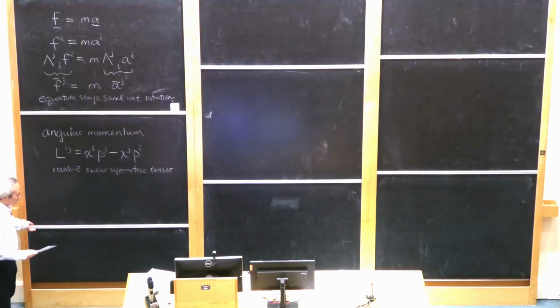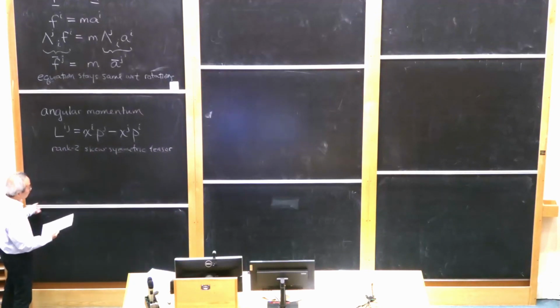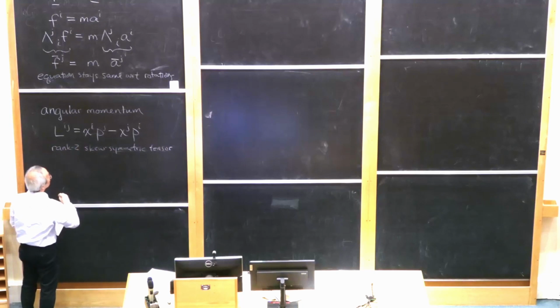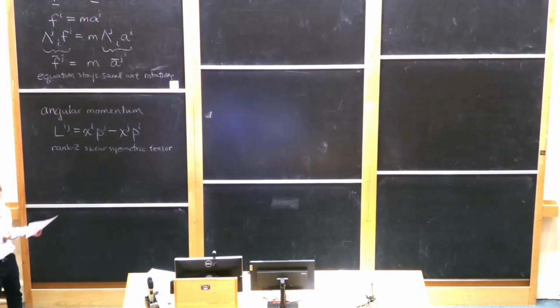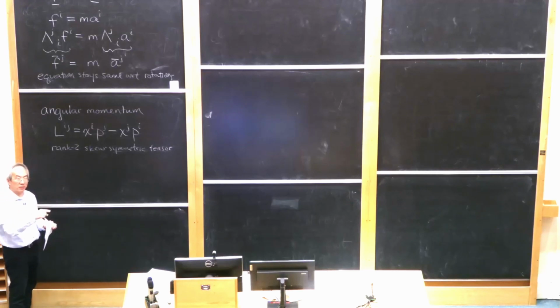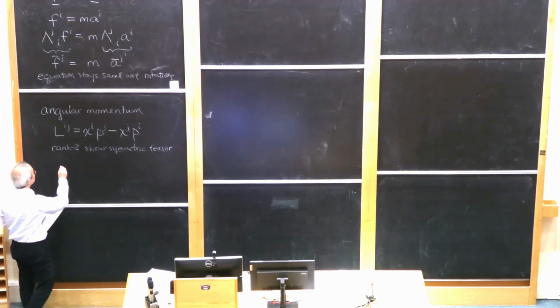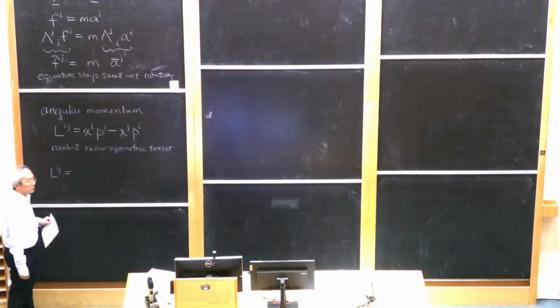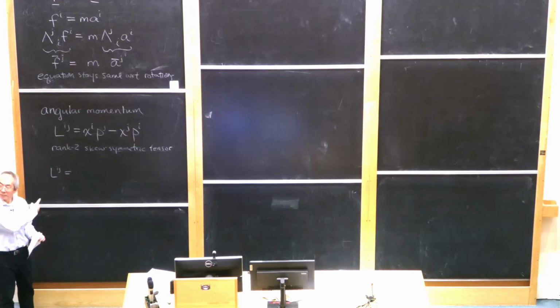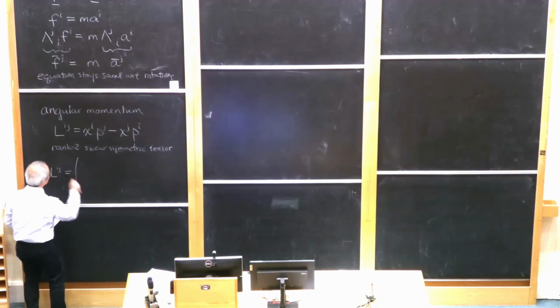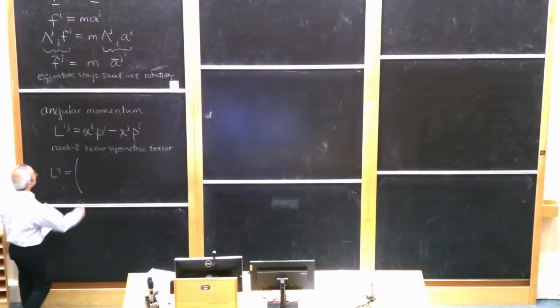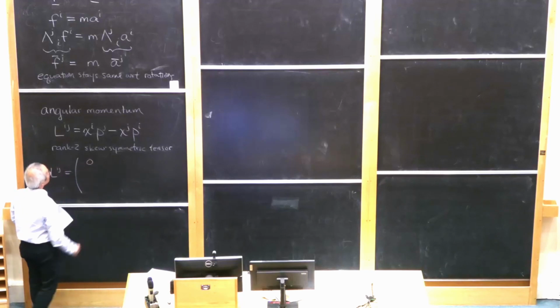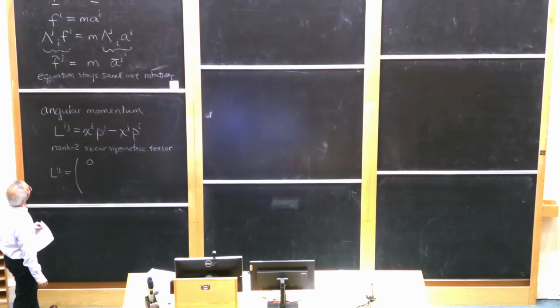If you write out all these components and put them into a matrix, remember, the matrix is not the tensor; we're just representing the components this way. I'm being slightly casual when I write L ij. Anyway, you get 0 on the diagonal.